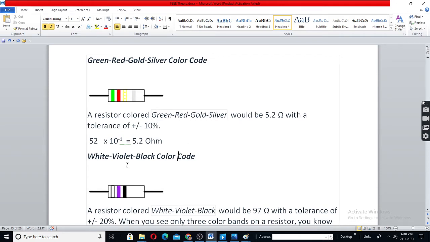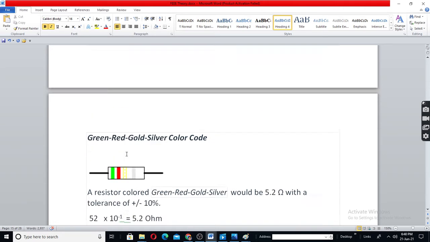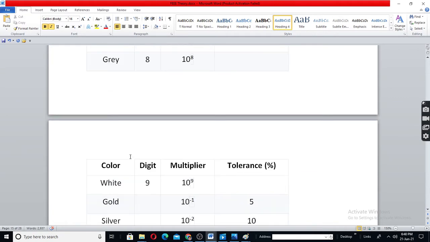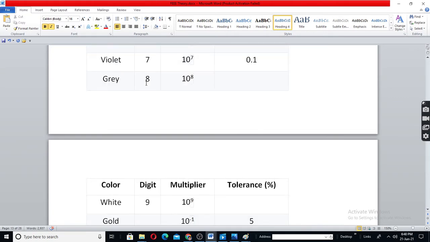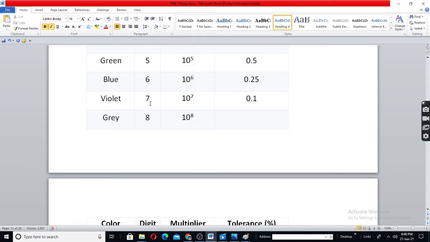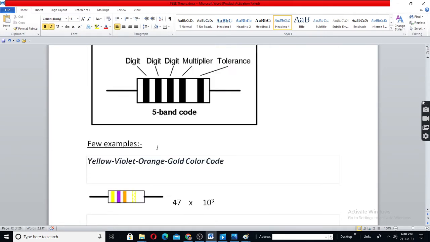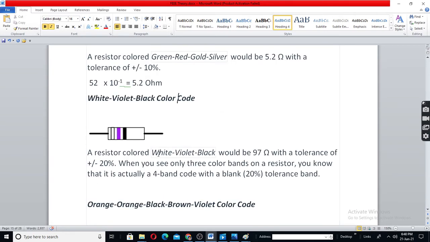Next, white, violet, black. White means 9, oh sorry, violet means 7. White is 9. Violet means 7. Then black.